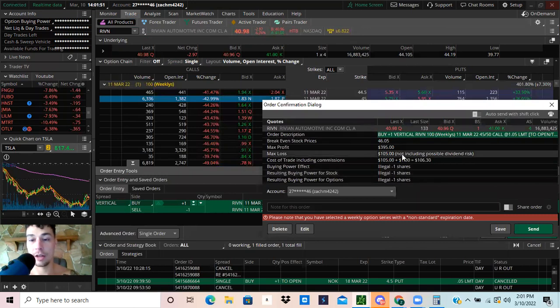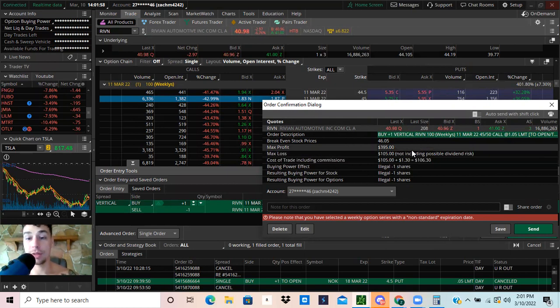And if we look here, it would cost you $106 to enter this debit spread, right? But your max profit would be $400 almost. It'd be 395. So your risk-reward ratio is really good. You're risking $100 to possibly earn $400 if Rivian is at $50 or above by March 11th, by your contract expiration.